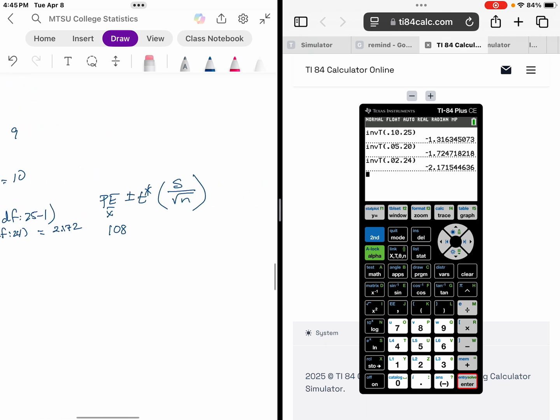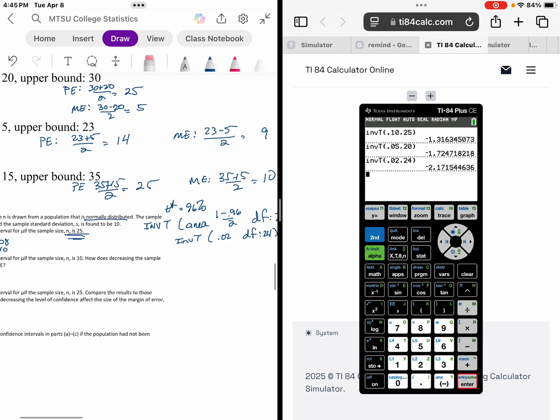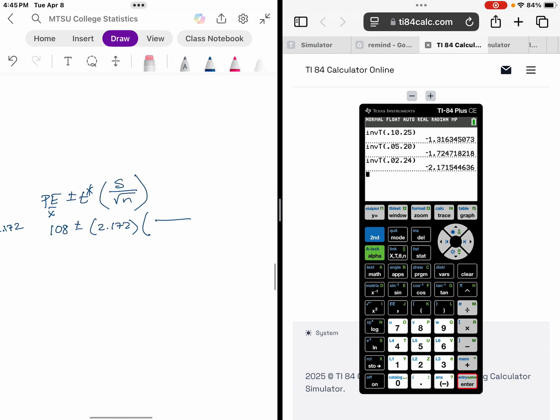So 108 plus or minus the 2.172 that I found, times the standard deviation of 10 divided by the square root of 25. Then this would be 108 plus or minus 2.172 times, that'd be 10 over 5, which is 2. So times 2. Then we would do 108 plus or minus 4.344.